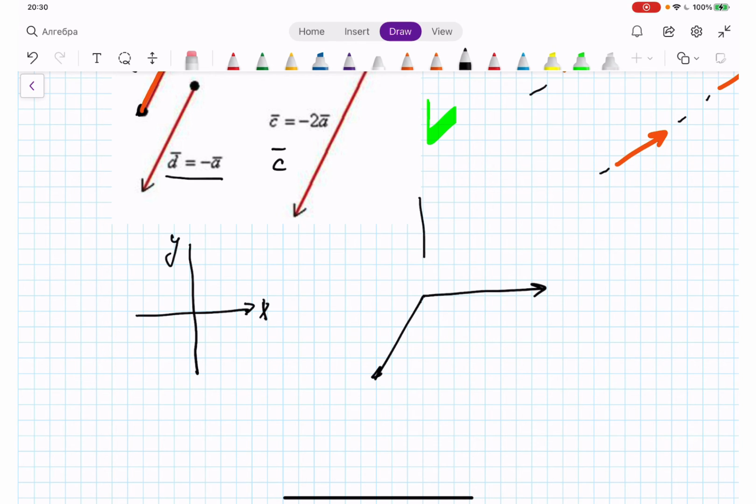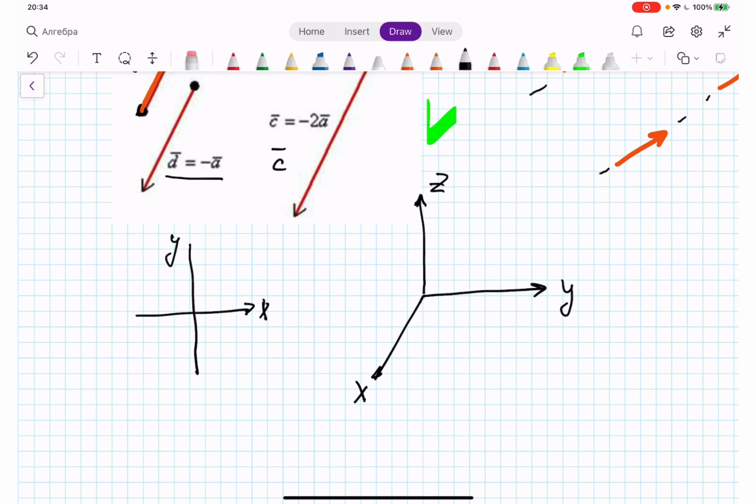This way, this, and this. So this is the Cartesian coordinate system in space. Where x is moving here, y is moving here, and this one is going to be our z axis. We call x the abscissa, y the ordinate, and z the applicate.